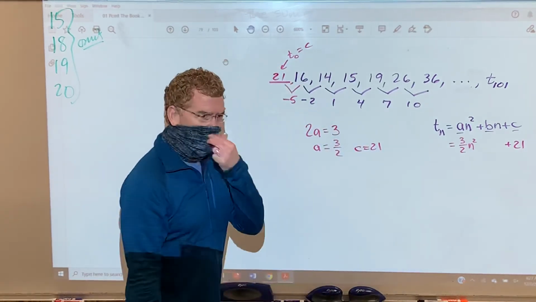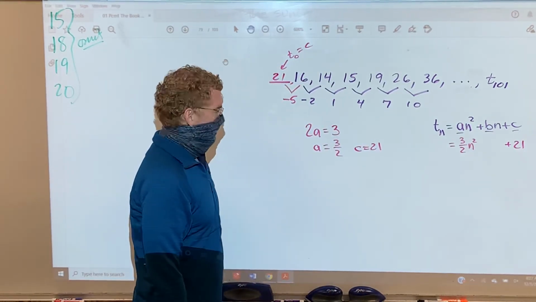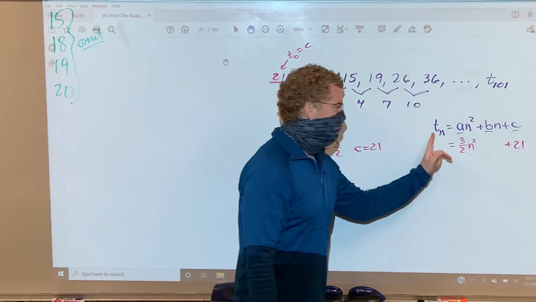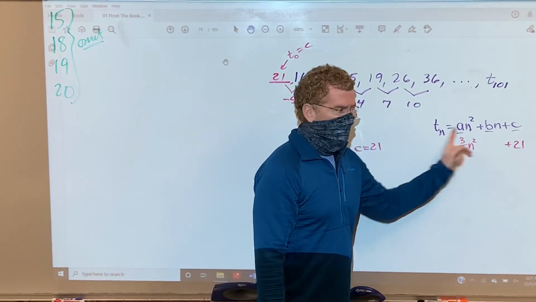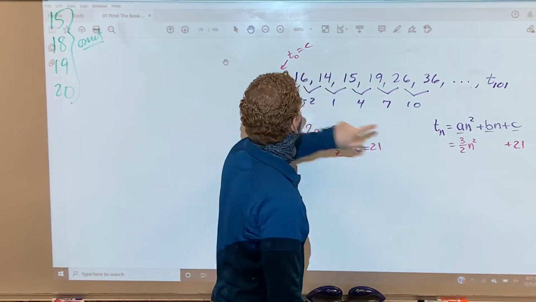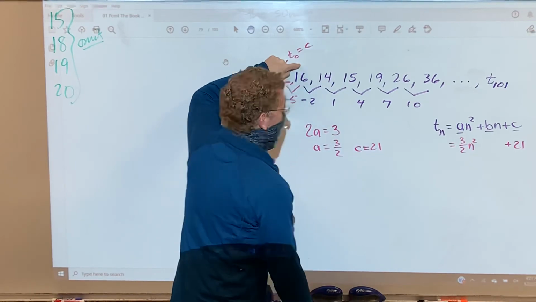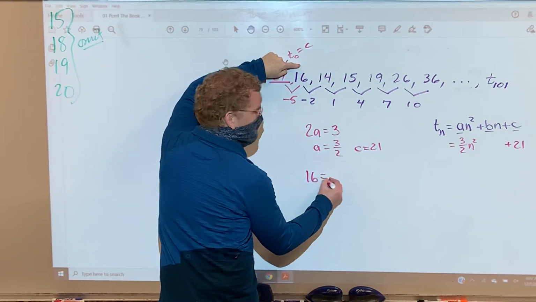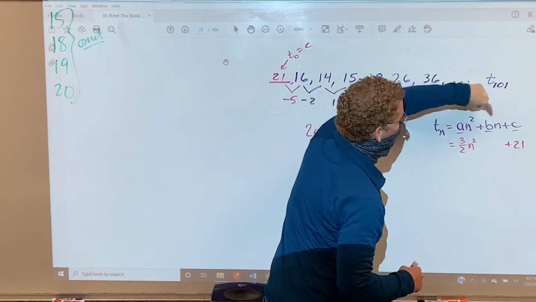Great. So now all I got to do is find my B value. Well, if you go back to this formula, the first term was really 16. So if the first term is 16, that means I plug a 1 in for n.